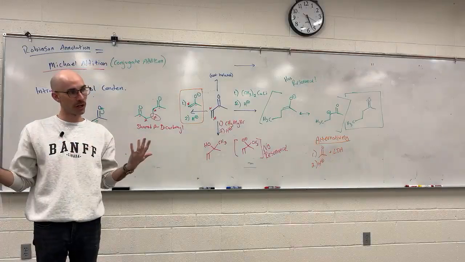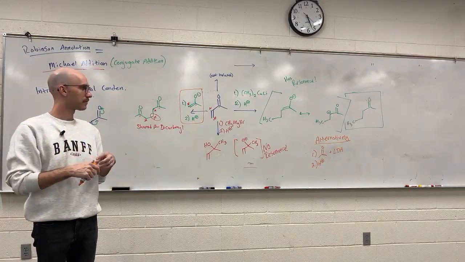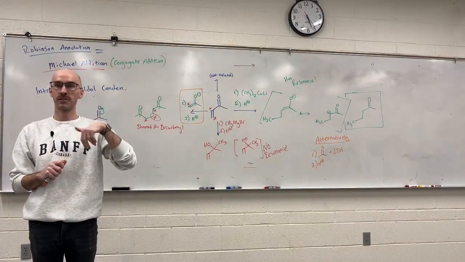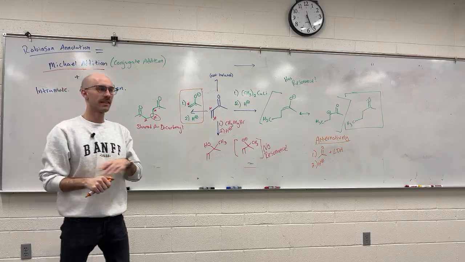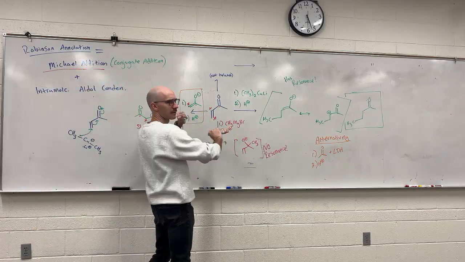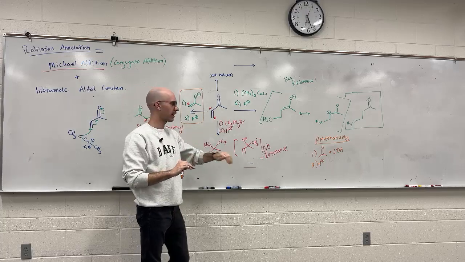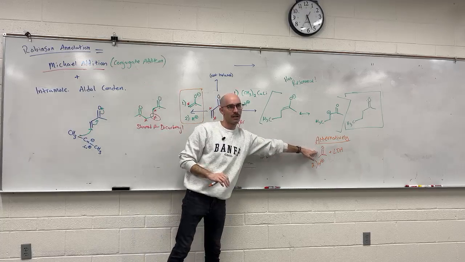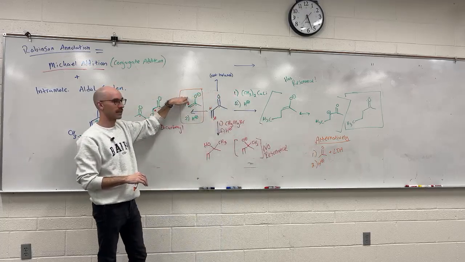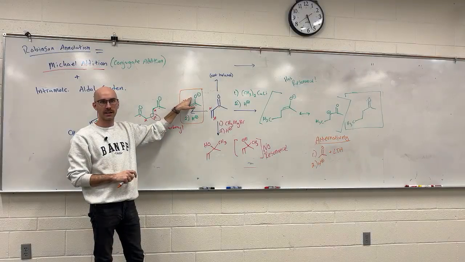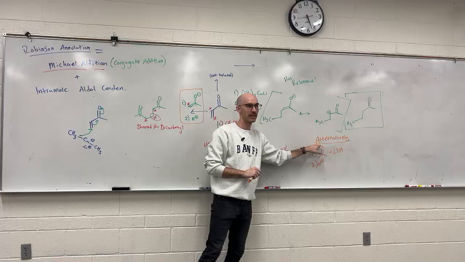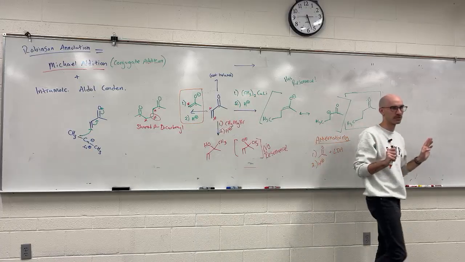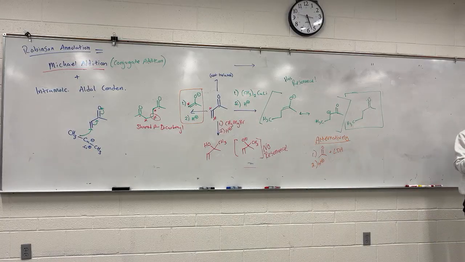It will turn 100% into my enolate. So these are the same. Would you agree? It's just showing how this reactant is going to be formed. They are identical to each other. Okay.